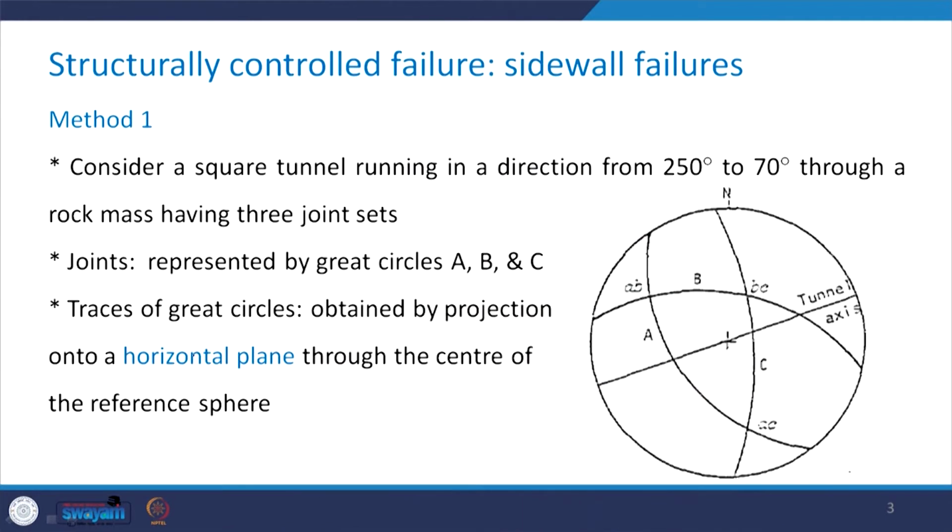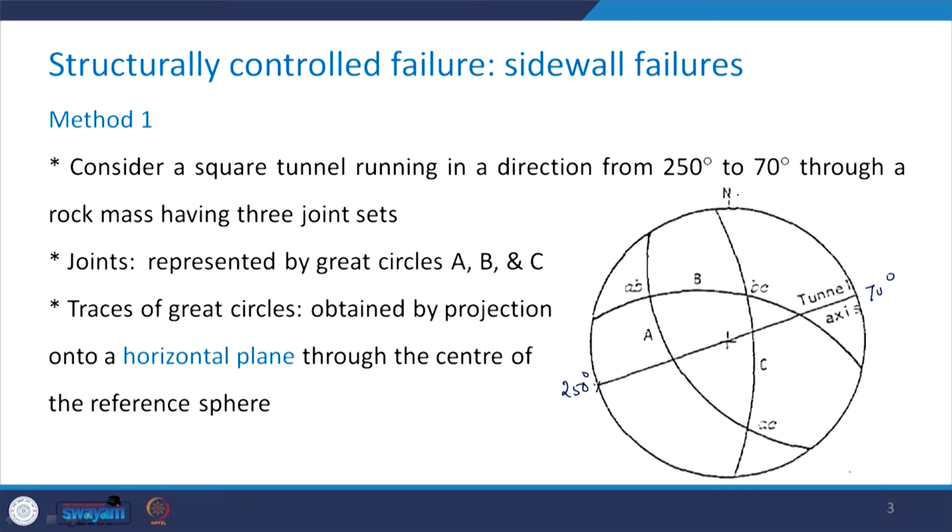Here we consider a square tunnel which is running in a direction from 250 degree to 70 degree through a rock mass which has three joint sets. Take a look here: this is north. 70 degree means this angle and this is your 250 degree.